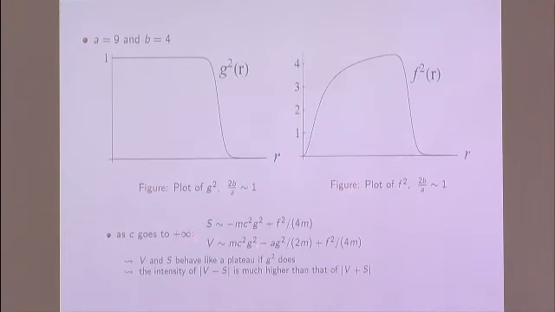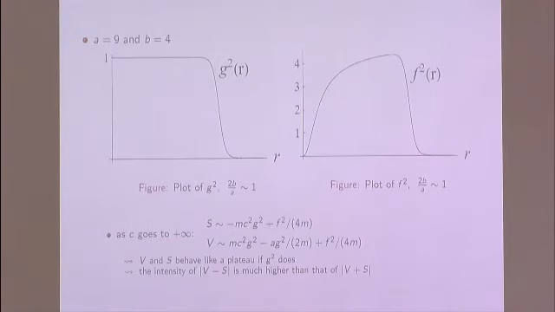Then V and S behave like a plateau if G squared does, as in this case here. And from this expression, we see that the intensity of V minus S is of order C squared, while the intensity of V plus S is of order 1.